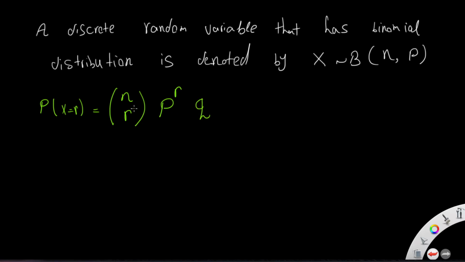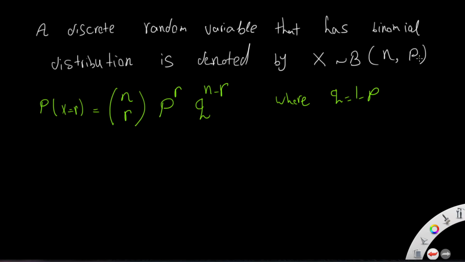So we know that the total number of trials is n. Out of these n trials, r of them are successes, so the remaining will be failures. So q to the power of n minus r, where q is 1 minus p. We know that p and q together add up to 1.